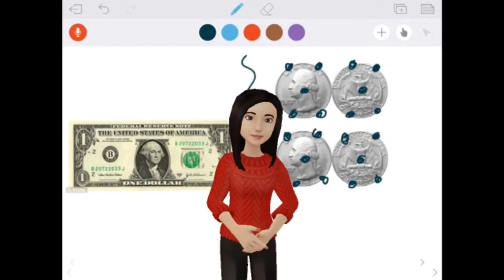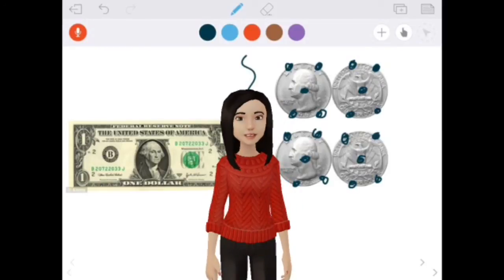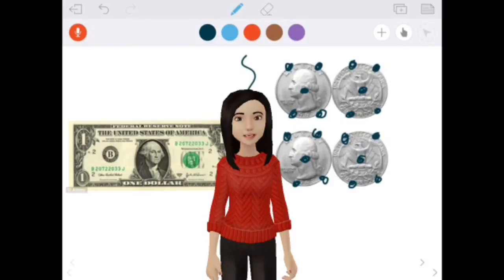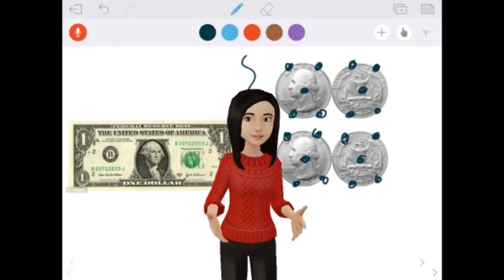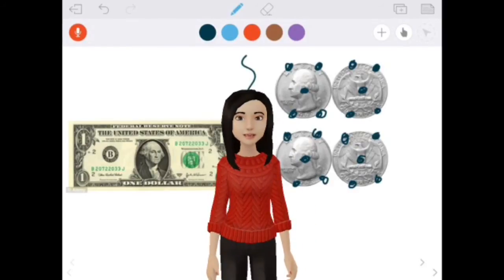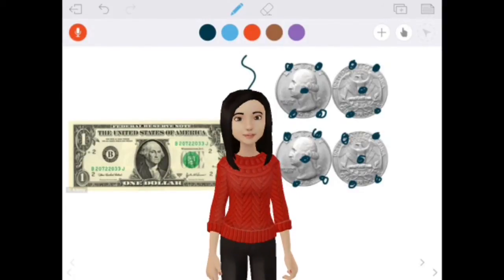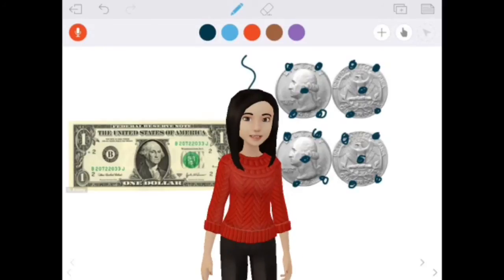We have 5, 10, 15, 20, 25, 30, 35, 40, 45, 50, 55, 60, 65, 70, 75, 80, 85, 90, 95, 100. 100 cents.